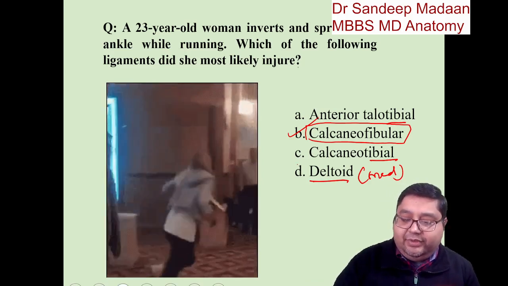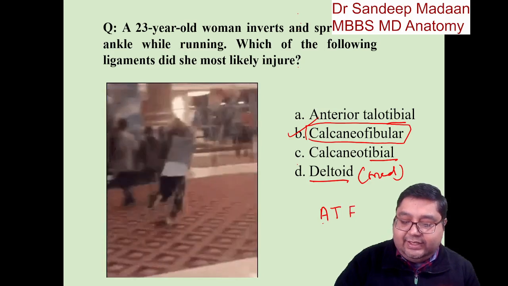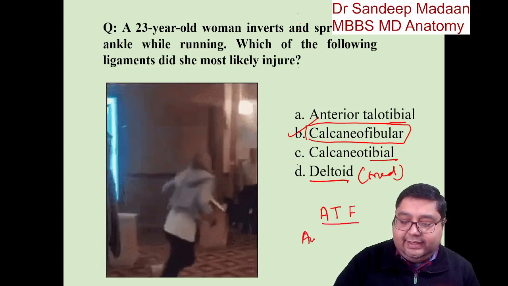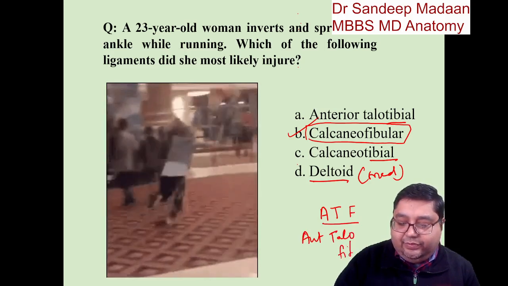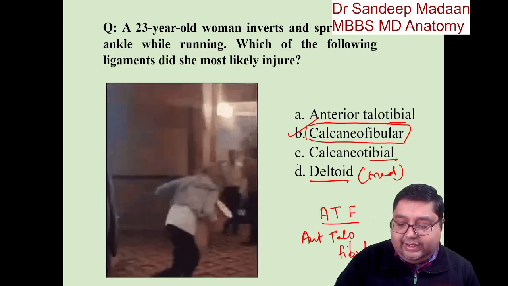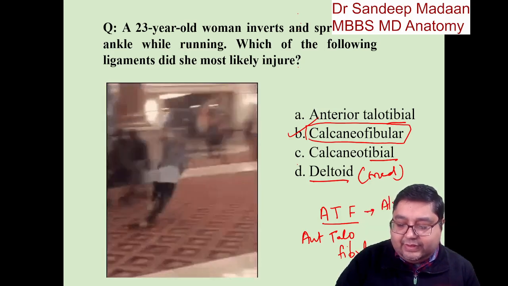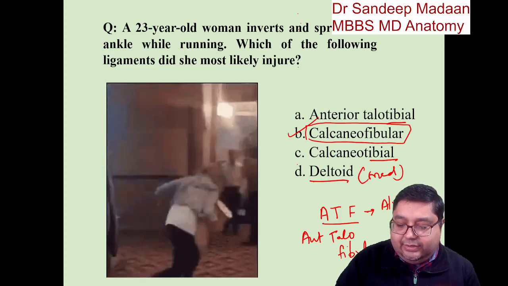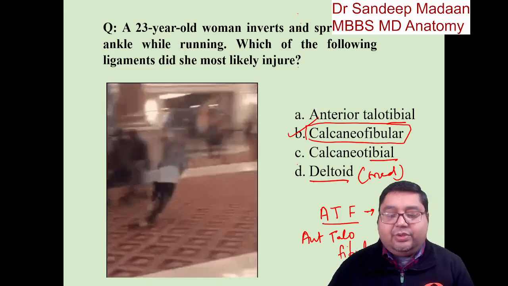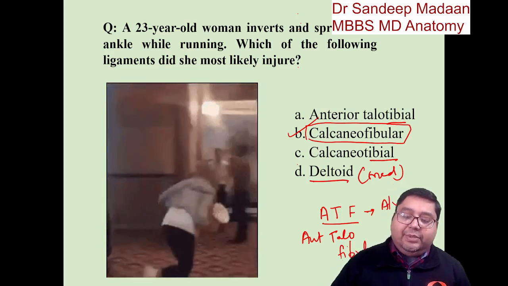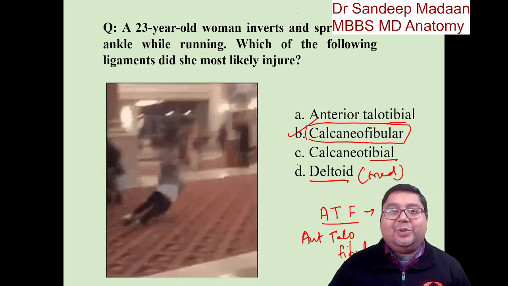That we can remember, that is ATF. What is ATF? Anterior talofibular. Another way to remember the ATF is that it is always torn first. Now you cannot say it always has to be torn first, but yes, it helps us remember that ATF, anterior talofibular, is the most commonly involved ligament.